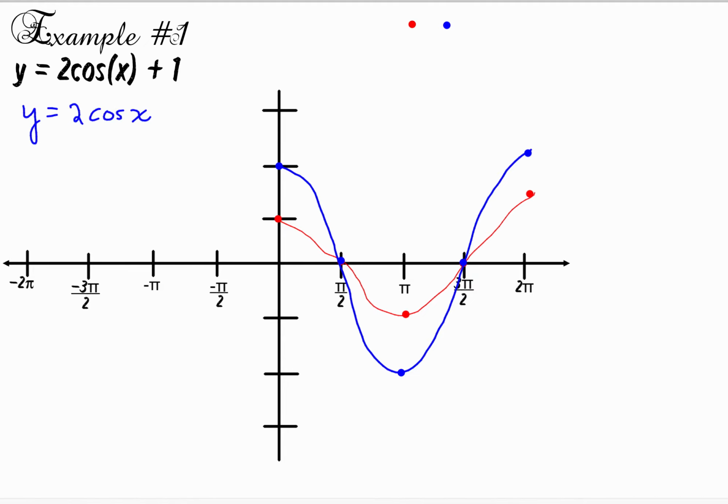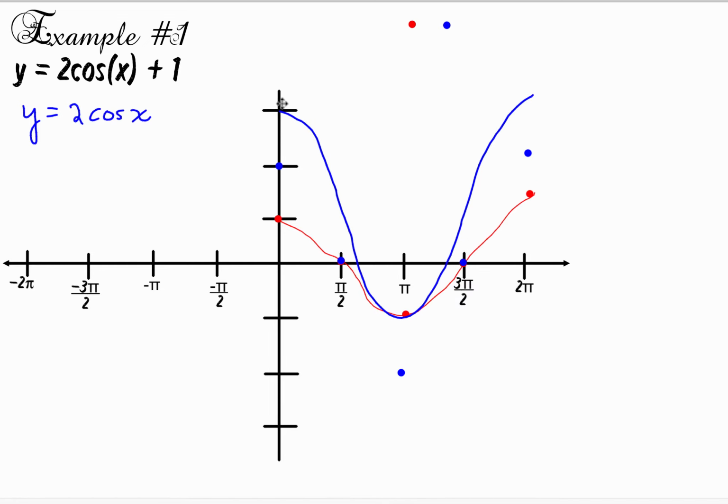Now I have one last thing to do. It wants me to add 1 onto each of these points that I just doubled. So to do that, if I add 1 on there, then this goes up 1 spot. See, this 2 goes up to 3, 0 goes up to 1, -2 goes up to -1, 0 goes up to 1, and 2 goes up to 3.